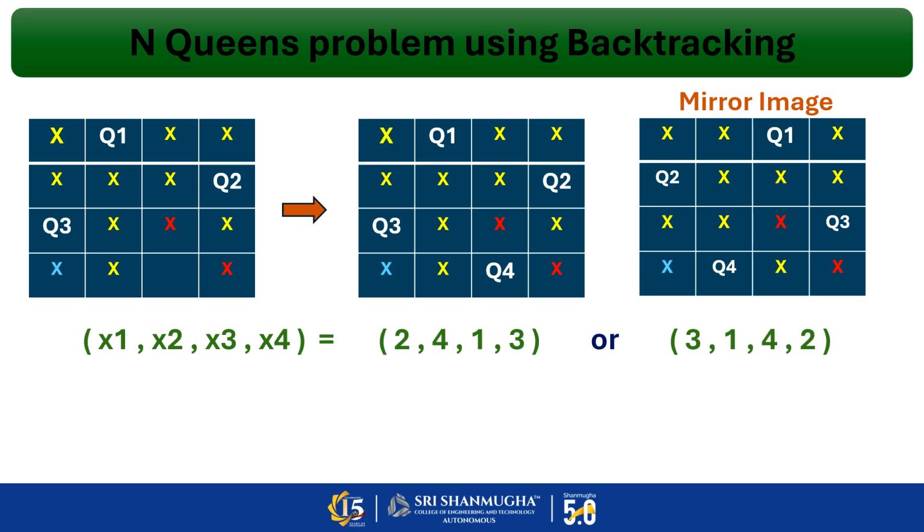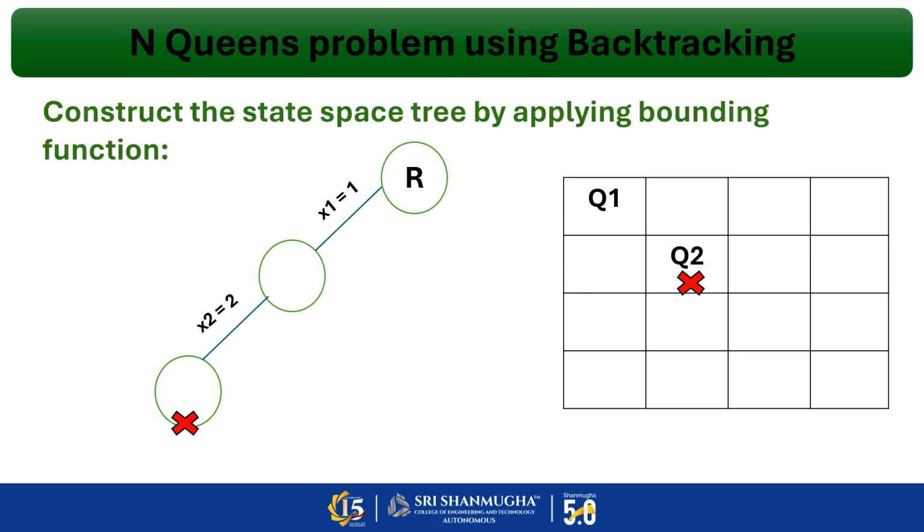Now we are going to construct the state space tree by applying the bounding function. What is a bounding function? A bounding function is a condition. Here the condition is that the queen should not be in the same row, same column, or same diagonal. So now I will try one by one.